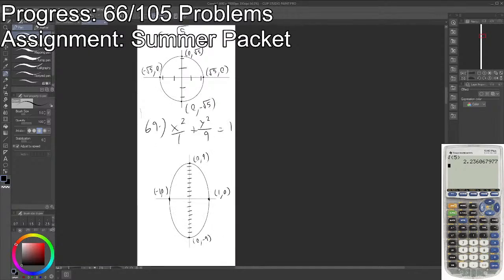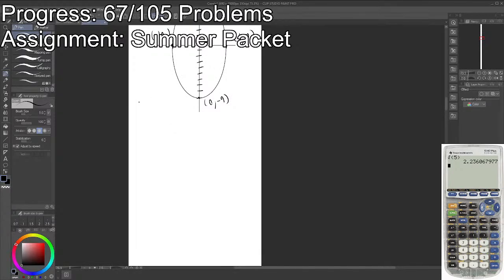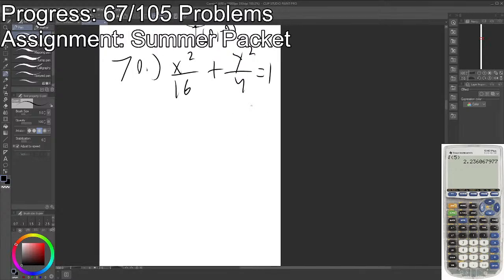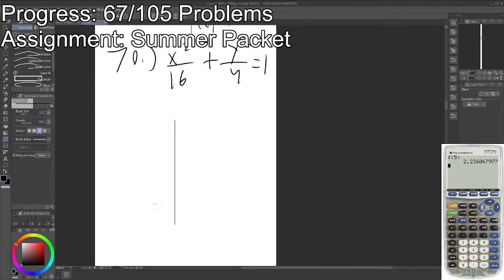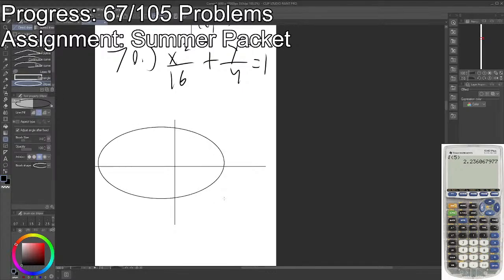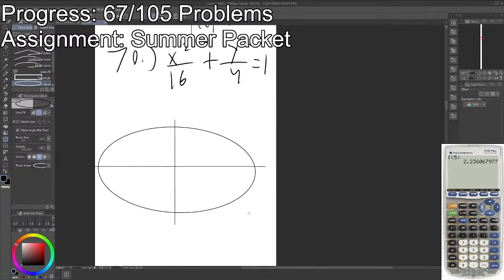Nice. Flying through these. Same thing, pretty much. This time it is larger under the x-axis, so it looks like a normal sideways ellipse.